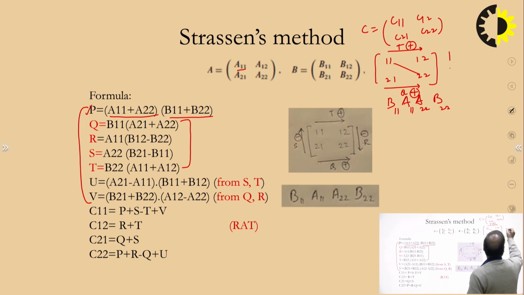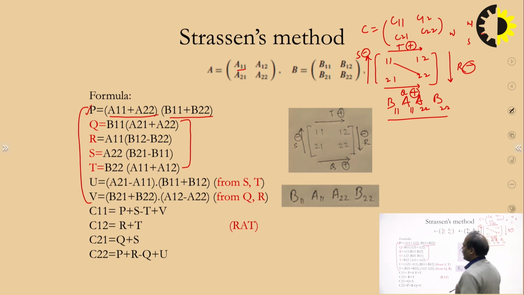If you are going in this direction, this is going to guide R, and this is going to guide S. These are going to be negative. How to remember? Like north, south, east, west: S is opposite of the normal south, and R is in this right down direction. If you remember this, it guides Q, R, S, T.